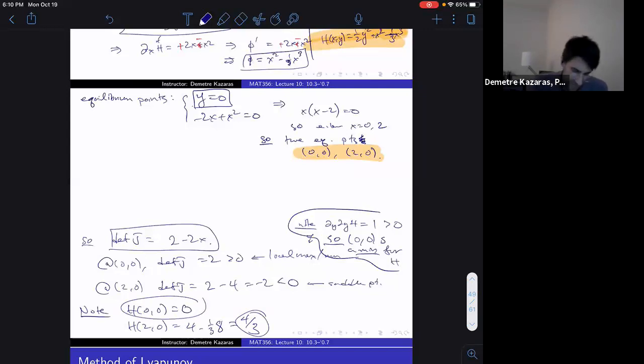All right, so let's try to draw two things. First of all, at 0, 0, we have a local minimum for h.